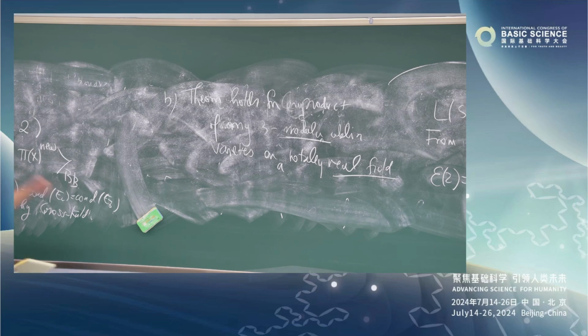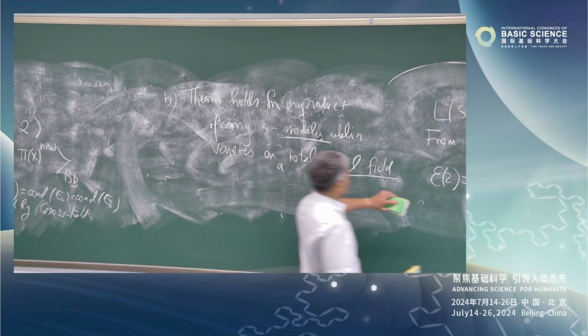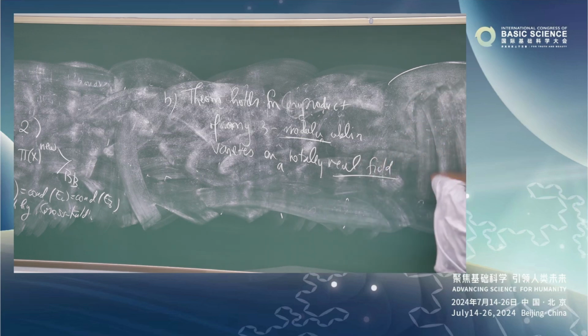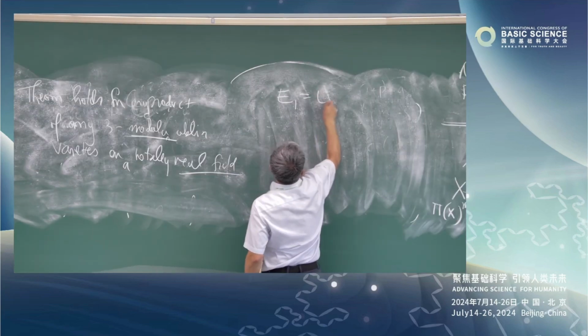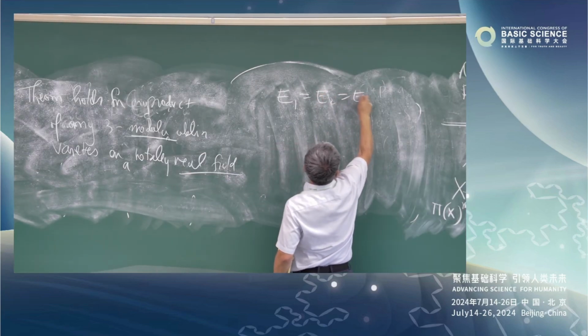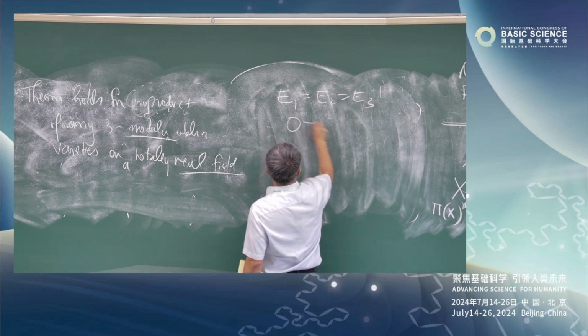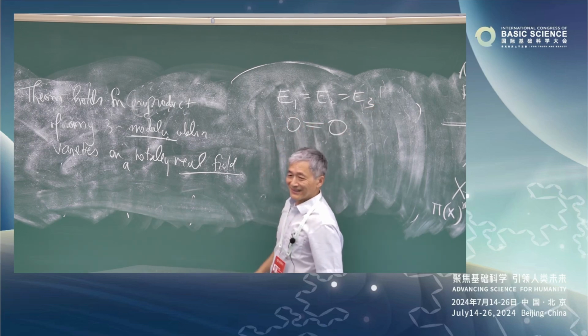Now here's a question. If U1, U2, U3 are all different, this theorem says 0 equals 0, which is not interesting.